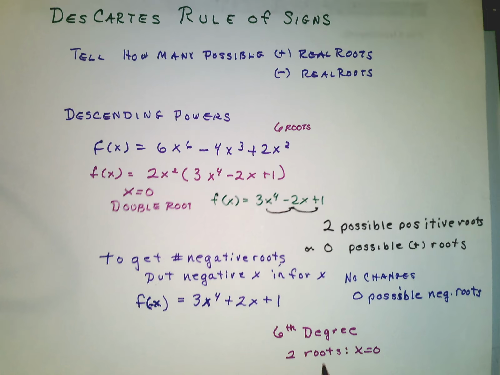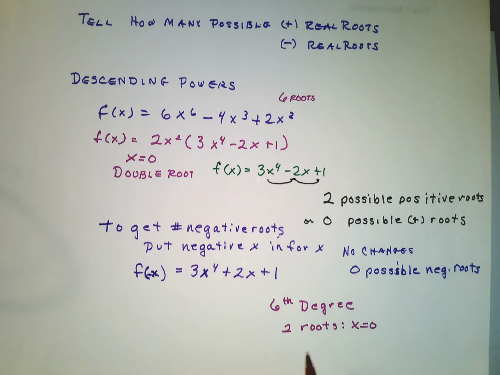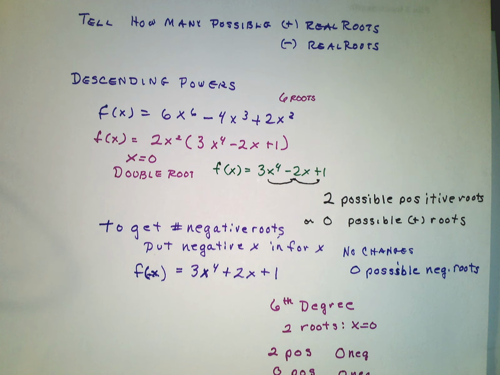They're not positive, not negative, but they're still real. We had the possibility of 2 positive roots, or 0 positive roots. We had no possible negative roots. So we could have 2 positive and no negative. We could have 0 positive and no negative.